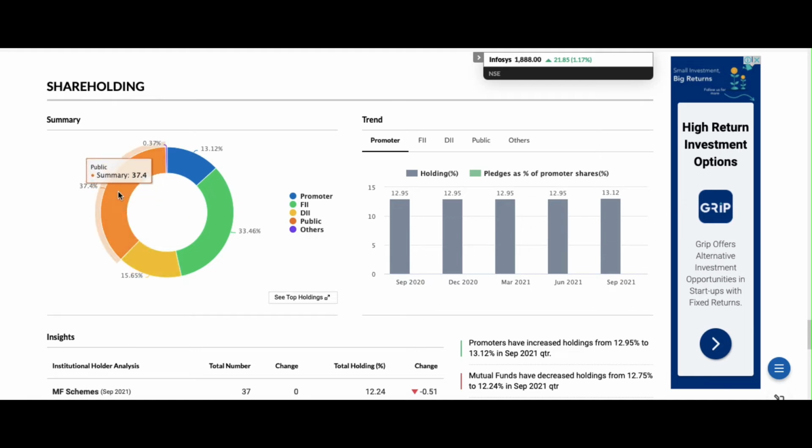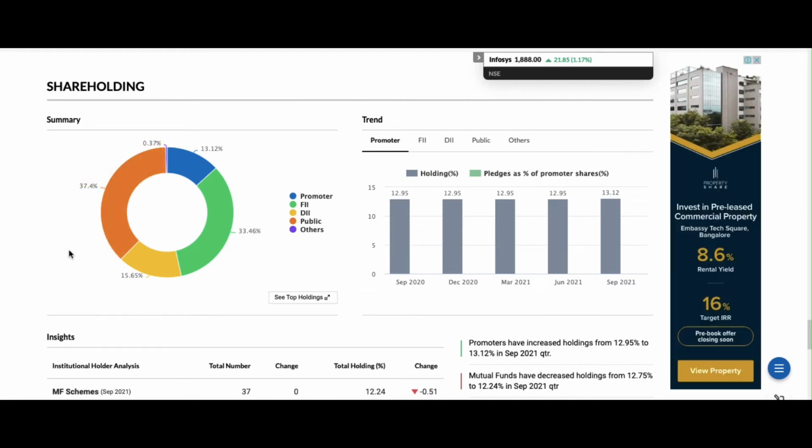The rest 37.4% stake is being occupied by the retail investors. So this is a pretty healthy shareholding pattern, and from the interest of FIIs, we can see that the company is pretty stable and the company has a good reputation.